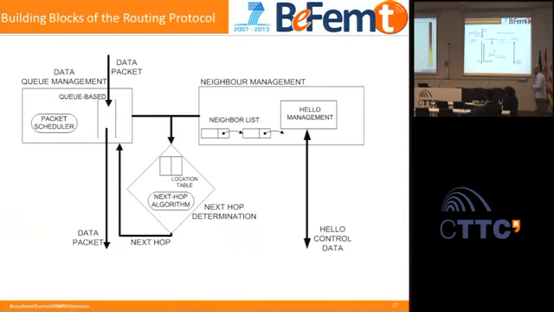So basically, in NS3, the protocol has these building blocks. The network management in charge of sending hellos with queue backlog information and geographic information. The data queue management, which just implements a FIFO data queue. And the intelligence of the routing protocol, which performs decisions on a per packet basis based on queue backlogs and geographic information.